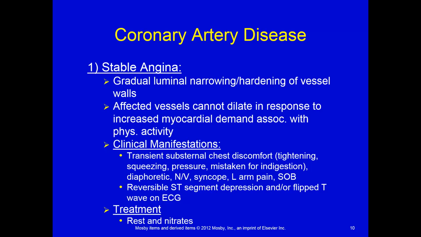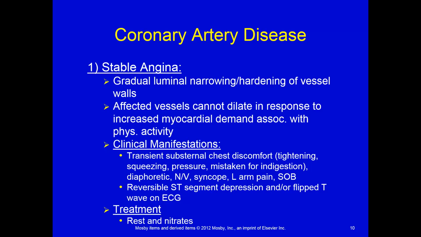So if you can stop the pain with either nitroglycerin or with sitting down and resting, that's also a predictable pattern of chest pain, and that's still considered stable angina, meaning that the blockage to the myocardium is not so bad that rest or nitroglycerin can't make that pain go away and increase the lumen of the vessel and get that blood flow back to the myocardium. Does that make sense?